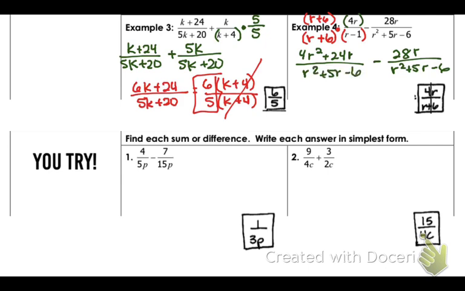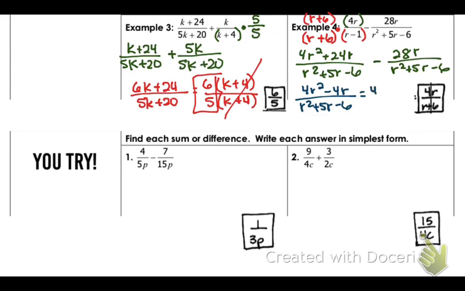So now let's combine our like terms because I have common denominators now. So 4r squared, I can't take away anything, so 4r squared stays. 24r minus 28r, that's going to give me a negative 4r all over r squared plus 5r minus 6. This is where you're going to have to factor because clearly it's still not what we have.